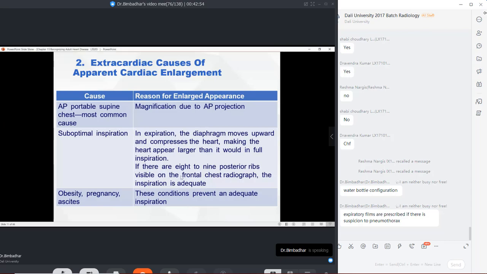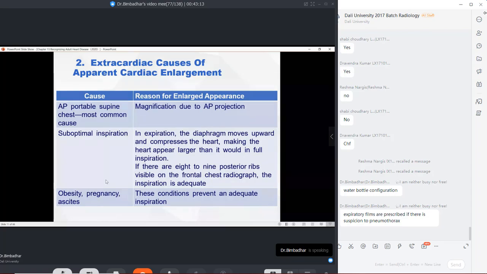Right. And then the other conditions like morbid obesity, with a BMI greater than 30, 28 to 31 or higher, pregnancy, and ascites.